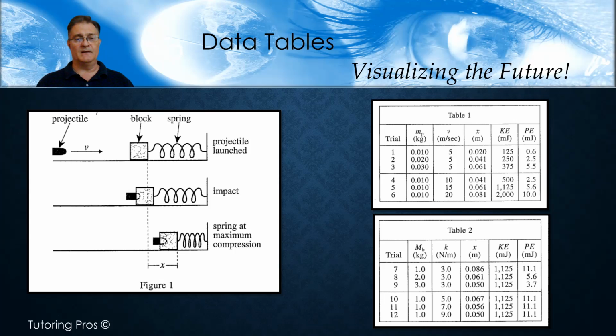Now, there are many variables that one could measure for this experiment. Let's look at figure 1, the very top of that figure, and notice that you have a bullet or a projectile traveling at some velocity. It's traveling towards a block and a spring system that's tied together.